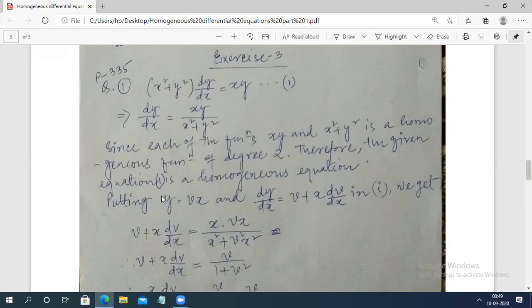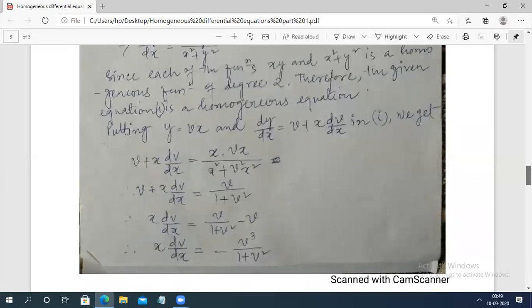Then after assuming y is equal to vx, you have to replace dy by dx with the new variable v plus x dv by dx, and then you can easily separate your variables x and v. After separating the variables, you have to integrate it according to your question.